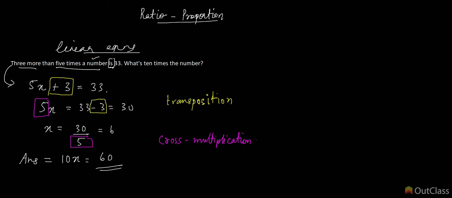And you may remember why they work. It's because of something known as the additive inverse and the multiplicative inverse. So if you have 5x plus 3 is equal to 33, I'm just going to move that a bit. You can add the same thing to both sides of an equation and the equation would still hold.